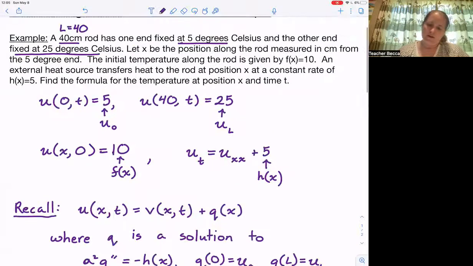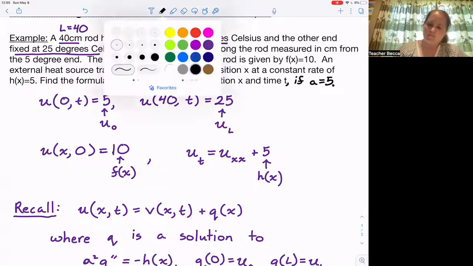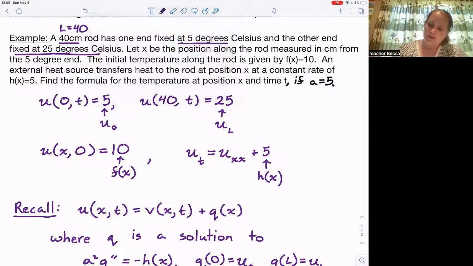Oh, I forgot to say what a squared is. Let's say we find the formula for temperature at position X and time t if a is equal to 5. And I forgot my a squared in my equation here.